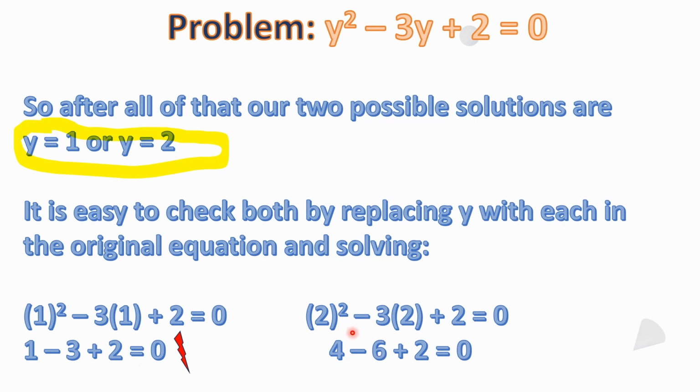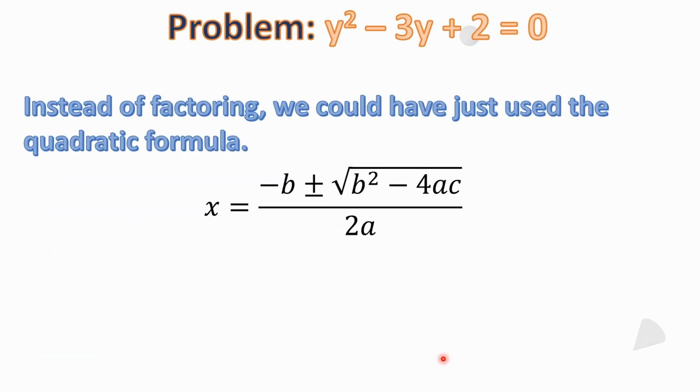And then over here, if we assume that y equals 2, well, we have 2 squared, that's equal to 4, minus 3 times 2, which is minus 6, plus 2, equals 0. And is that right? Well, yeah, 4 minus 6 is negative 2. Negative 2 plus 2 will give us 0. So that verifies our two solutions.